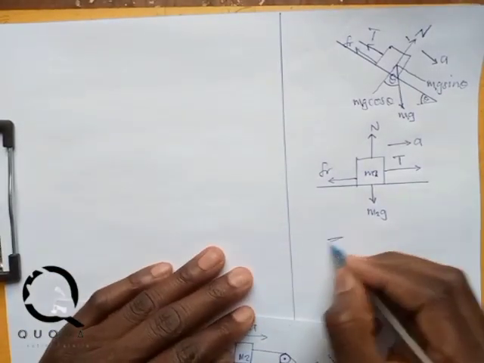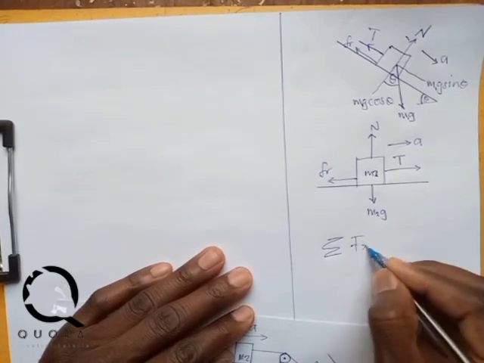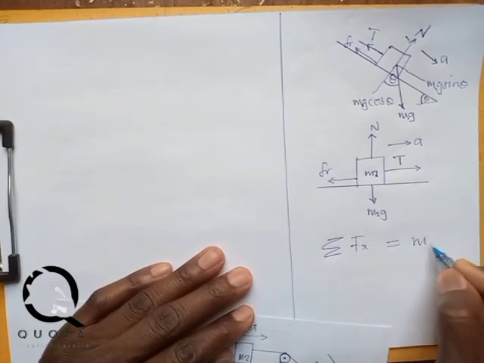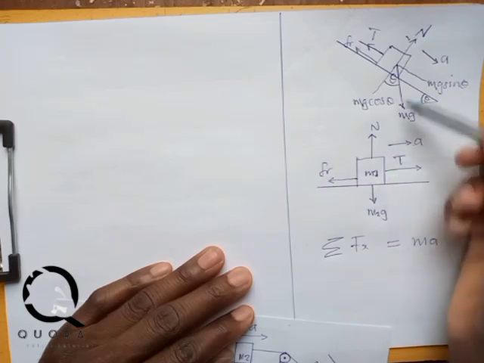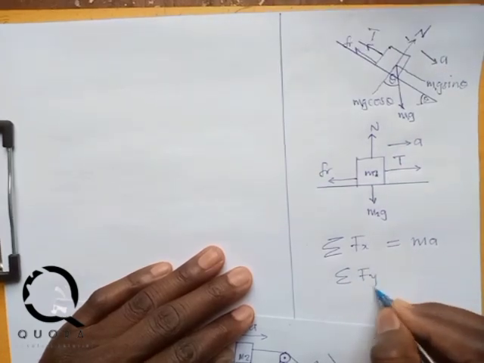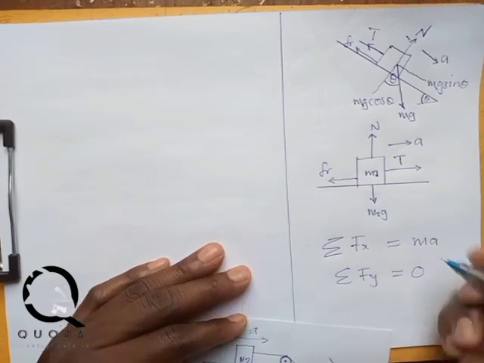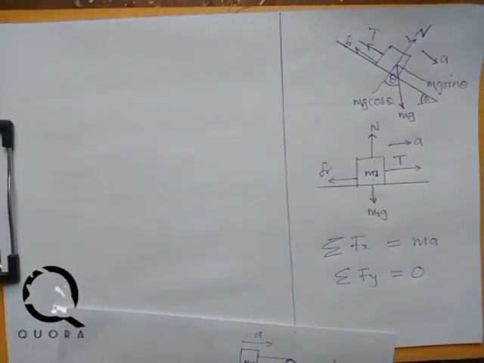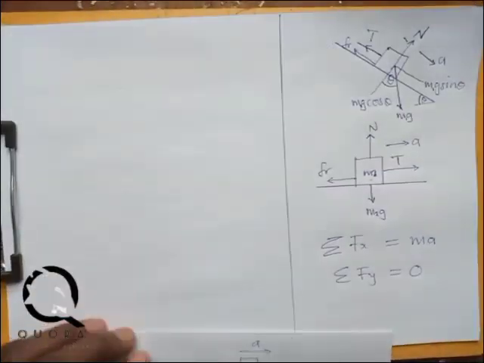So the summation of forces in x must be equal to ma for both of these two objects. But the summation of forces in y must give us 0 because these two objects are not moving in the y-axis. All right, we proceed.